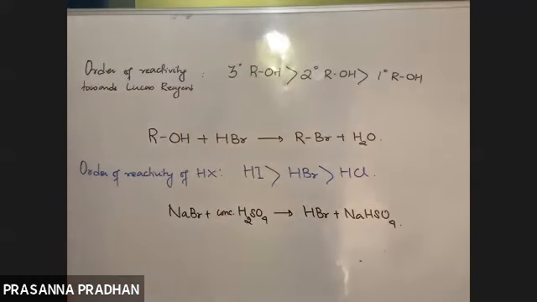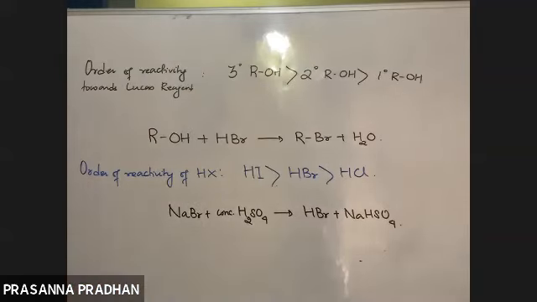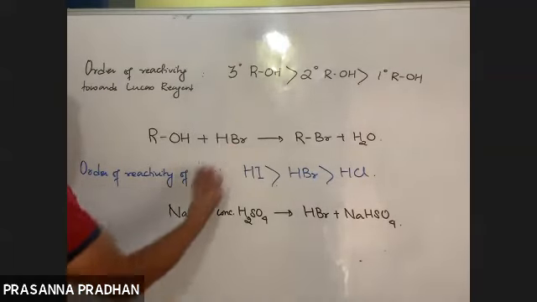So don't get confused if in the reaction NaBr and H2SO4 is given. NaBr and H2SO4 will react to eventually produce HBr. And remember, HBr must be produced during the course of the reaction. So either in the question HBr will be given directly, or if HBr is not given, this will be given.